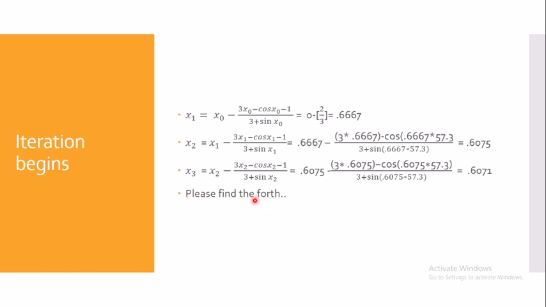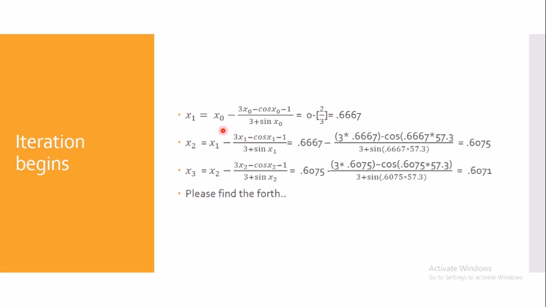Now we are going to start the iteration. The first iteration is x1. I hope you remember the formula. In the formula I'm going to substitute n is equal to 0, and my x naught, the initial root, is also 0.